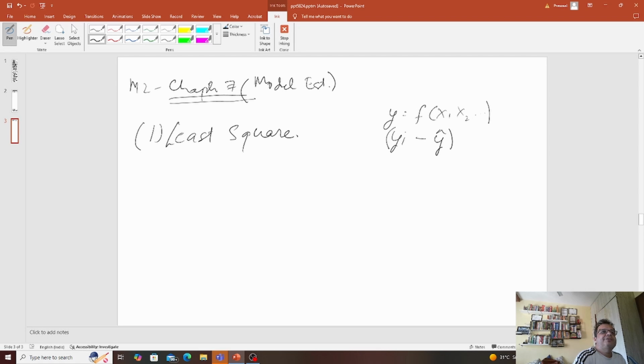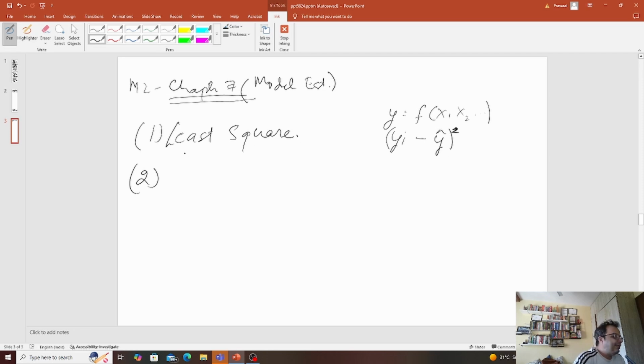You find the difference of the two and you square them, because you don't want negative values and positive values overcompensating or clashing with each other. And then you try to minimize this value. So it's called the least square approach, and we'll get into more details of what least square is, but this is about minimizing the residuals.